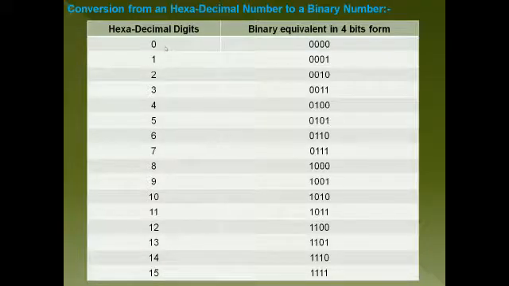You will learn this also. 0 equivalent to 0000, 1 equivalent to 0001, 2 equivalent to 0010, 3 equivalent to 0011, 4 equivalent to 0100, 5 equivalent to 0101, then 6 equivalent to 0110, then 7, 0111.